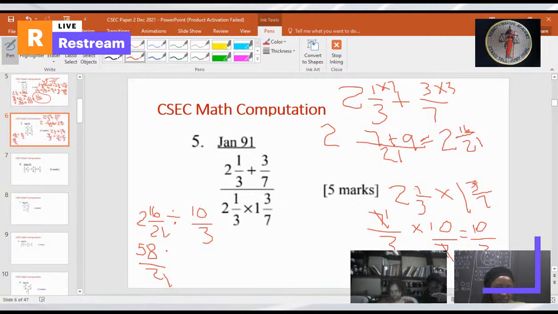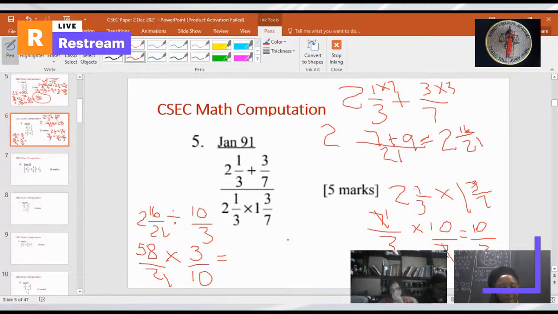Times 3/10. So we change the division to multiplication, and then you reciprocate. You invert the 10/3 and it becomes 3/10. What's the next step?